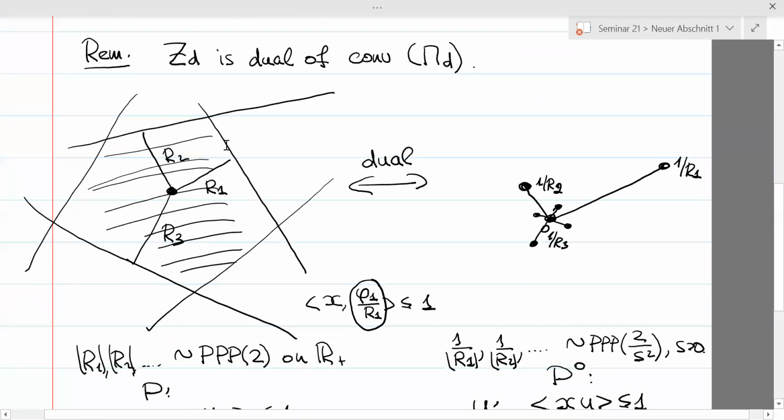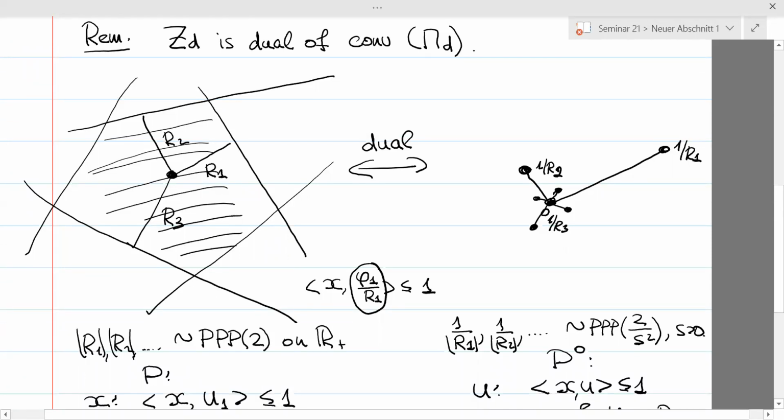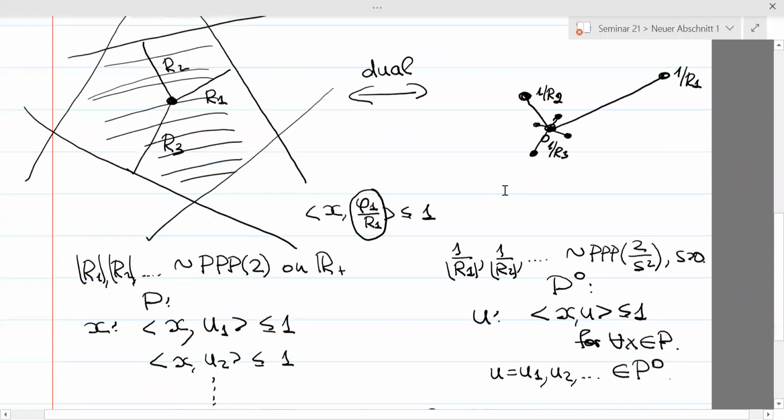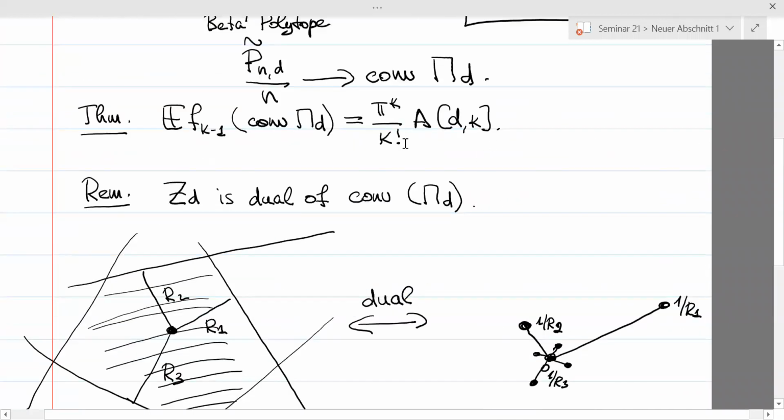And this can be stated for k-dimensional faces of any dimension. If I have a pair of dual polytopes, then the k minus 1 dimensional faces of P are in one-to-one correspondence with the d minus k dimensional faces of the dual polytope. This is why the second theorem is just a consequence of the first one. It's equivalent. And in fact, we will prove this one.